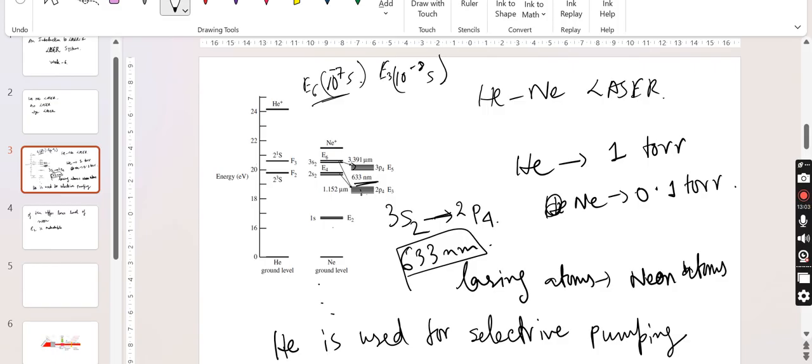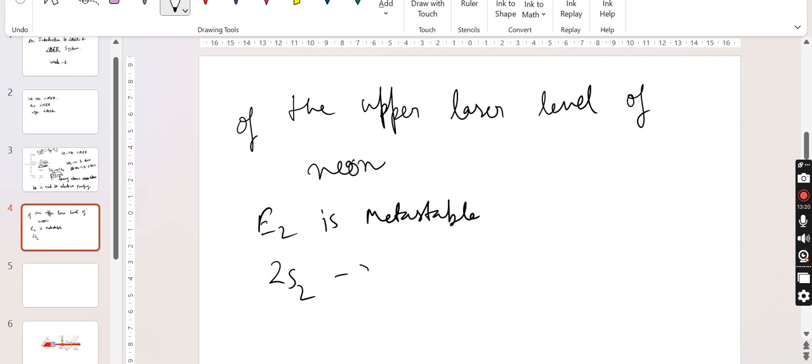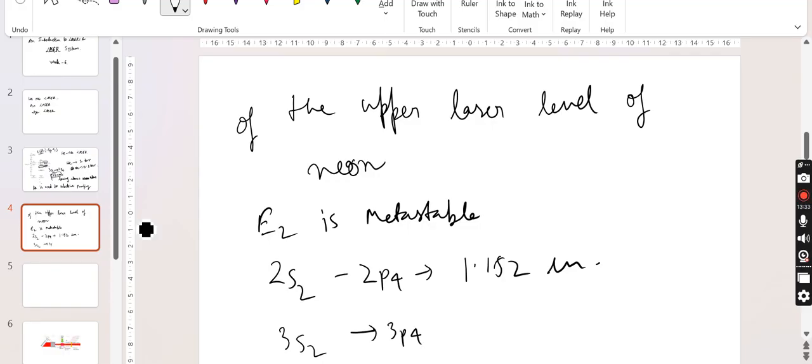The other two important wavelengths from the helium neon laser are 1.15 micrometer and 3.39 micrometer. This 1.15 micrometer corresponds to the 2s2 to 2p4 transition, we get 1.152 micrometer, and the transition between 3s2 to 3p4, we get 3.391 micrometer.